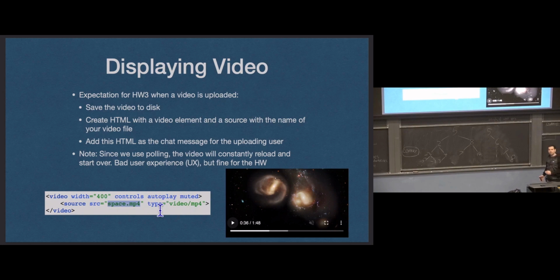Now, every character of this HTML is controlled by you and your server, so there's no concern of an HTML injection attack. The only thing the user can control is the content of the file. You're not using their file name. If you use their file name, then they can start injecting HTML into this. But you're using your own file name with your own naming convention, and they only control the bytes of the file itself.